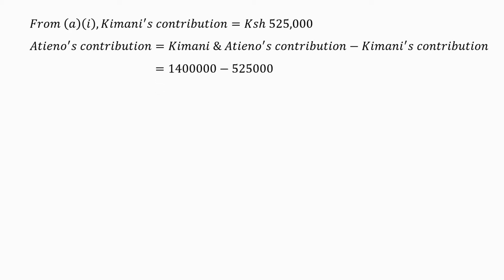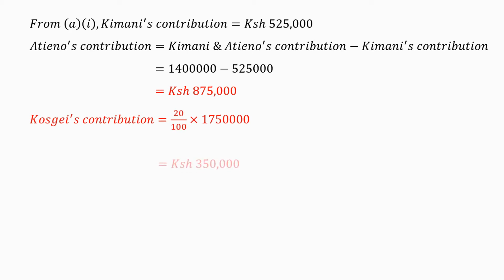So it's 1,400,000 minus 525,000, which is 875,000. Then Kosgei contributed 20% of the total. So it's 20 over 100 times 1.75 million, and the figure is 350,000.